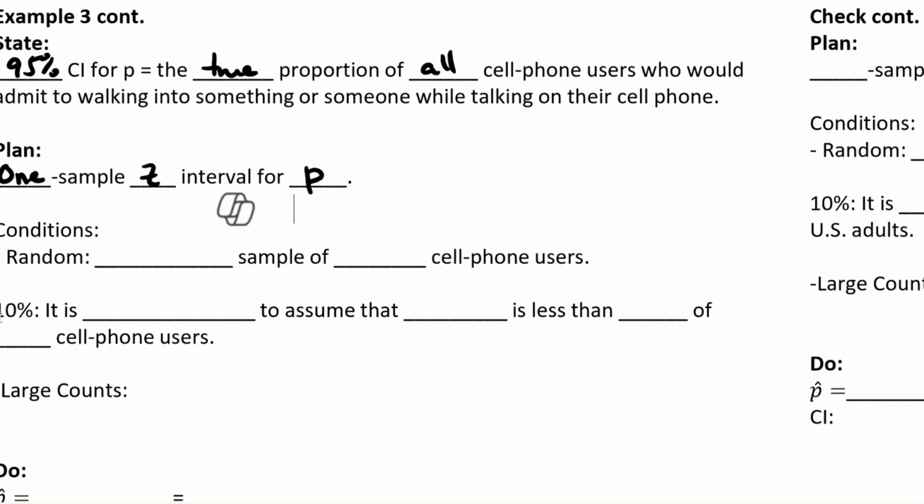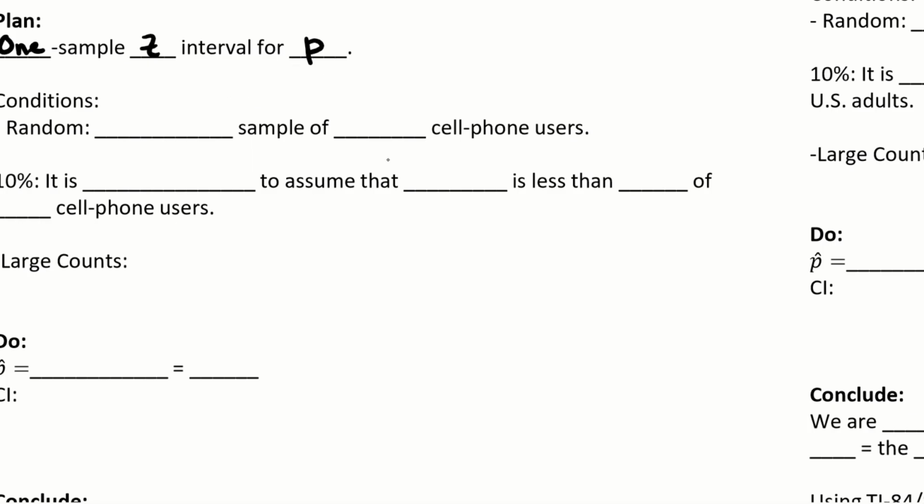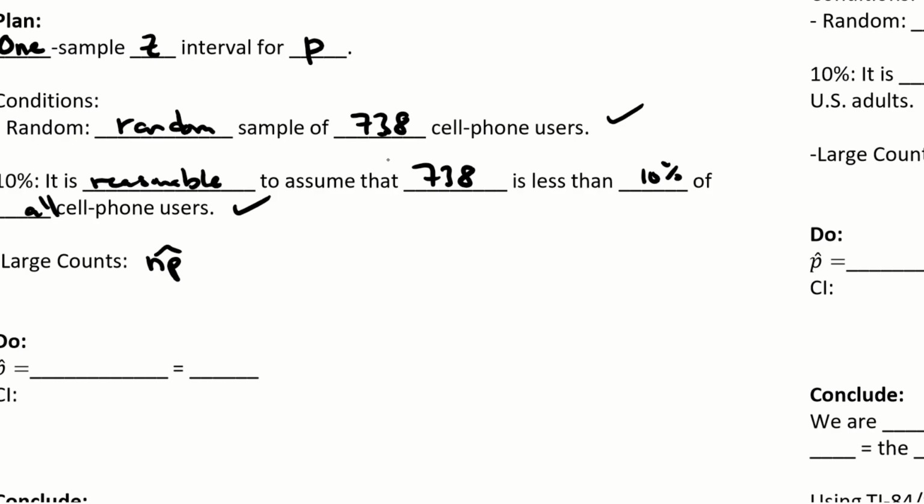Then we got to list out our conditions. A random condition. We did have a random sample of 738 cell phone users. So check. 10%. Well, it is reasonable to assume 738 is less than 10% of all cell phone users. That's reasonable to assume. Then we're going to check the large counts, n times p hat. That's 738 users, and 170 admitted to running into something or someone while using their phone.